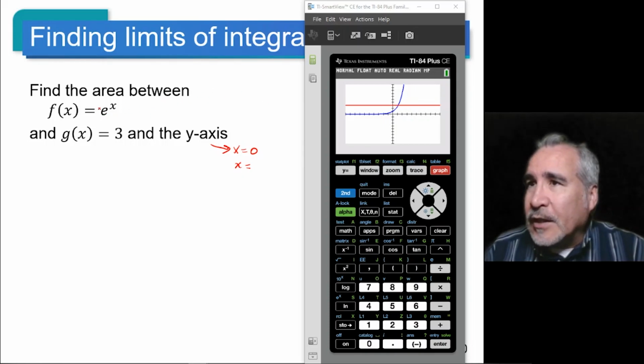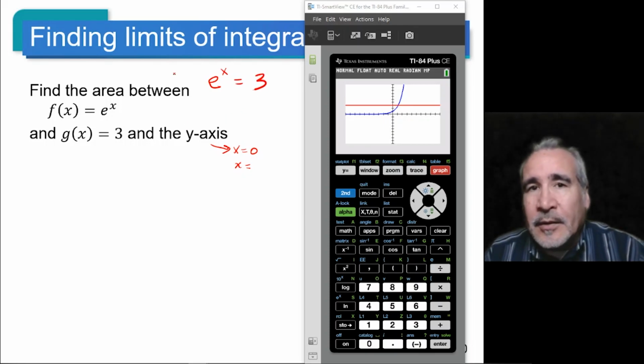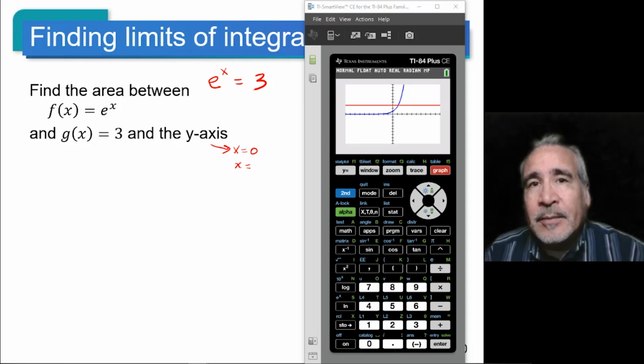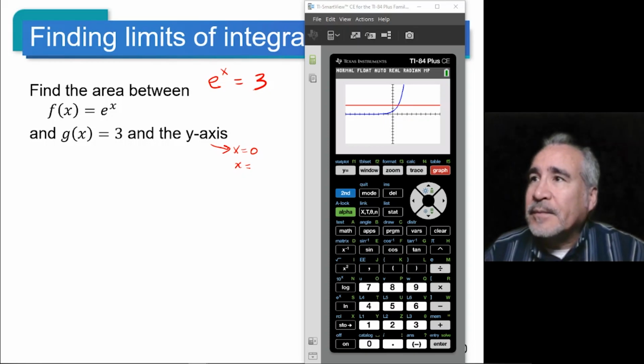The point of intersection is where these two functions equal each other. So the point of intersection is e to the x equals 3. Now, we've got algebra all throughout this, but we've been focusing on the calculus part, so I want to remind you how to solve this kind of equation from algebra.